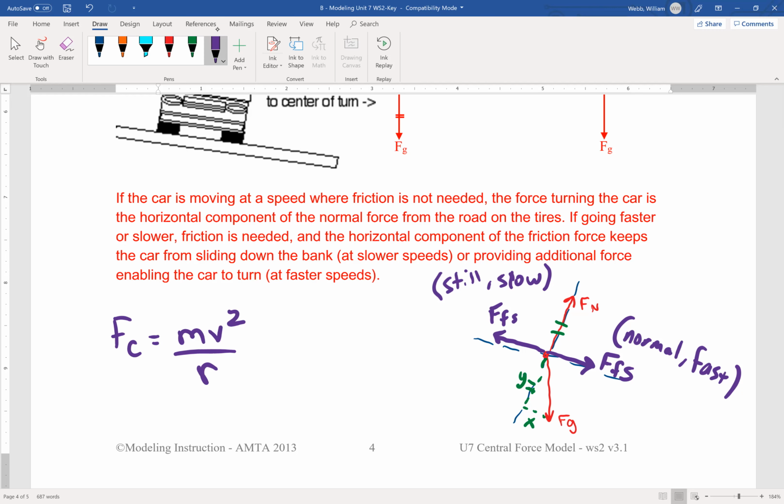And if it's in this normal or fast mode here, that's going to equal the friction force plus the X component of the gravity. So that's one way that I've seen it, where it's moving at a normal or typical or faster speed. I've never yet seen it where it's going slow or stopped, but potentially they could ask it.